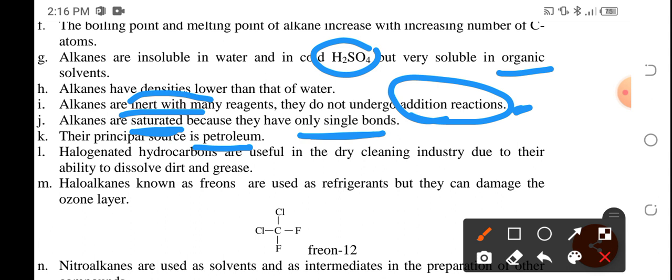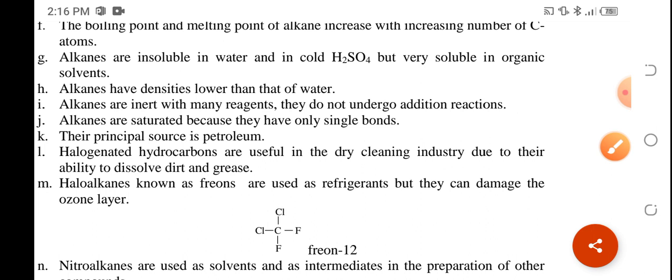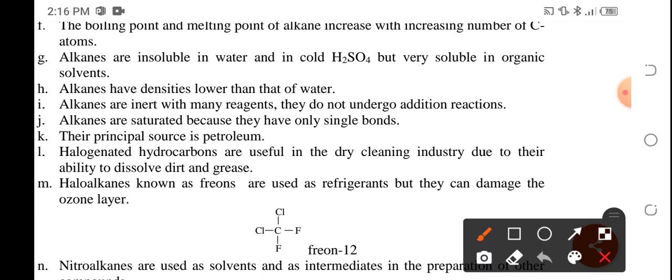Then halogenated alkanes or halogenated hydrocarbons, which are products of halogenation, are useful in the dry cleaning industry because of their ability to dissolve dirt and grease. Halogenated alkanes are also known as freons.